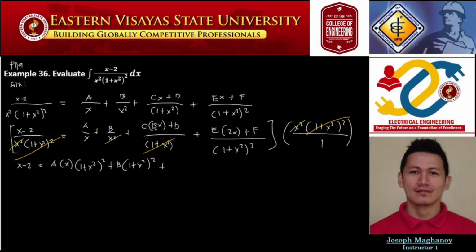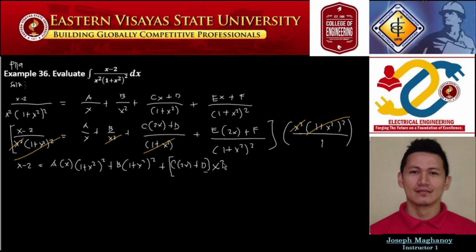Plus about your C: of course, the distinct x squared and the remaining distinct quadratic factor, C, 2x plus D, times the x squared. You will not copy the repeating linear factor.